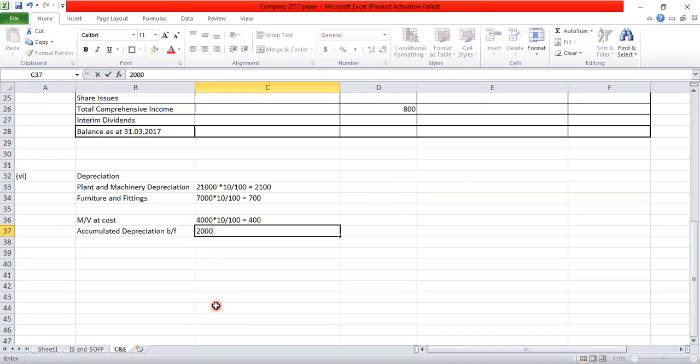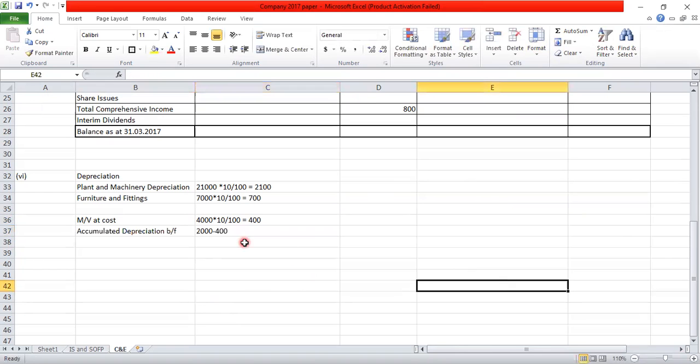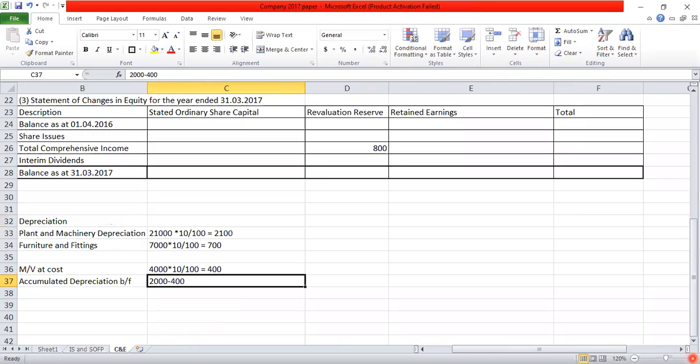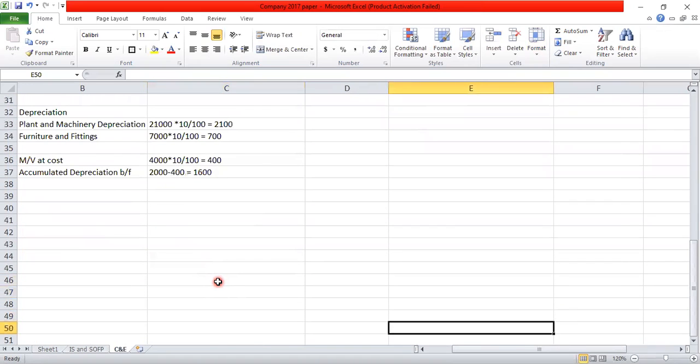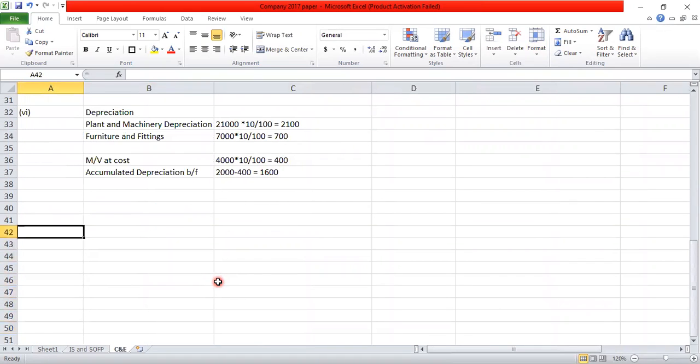So now I'm going to deduct the depreciation in order to find the accumulated brought forward depreciation. So I will take this 1,600 and I will record it under balance as at first for motor vehicle. So I have done this basic adjustment. Then we are moving on to the next one.